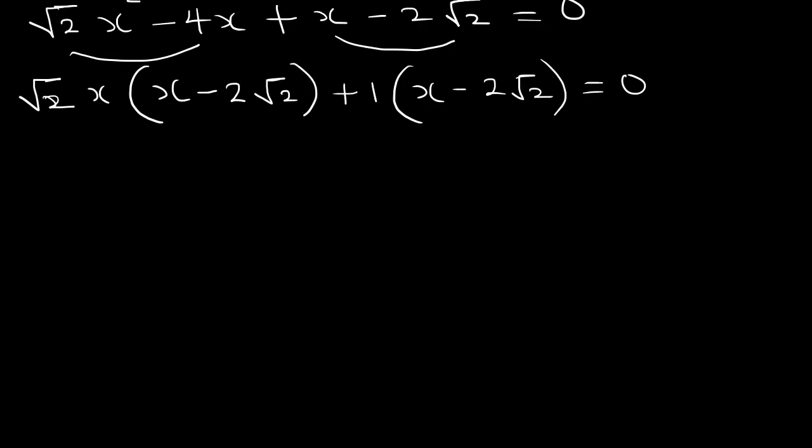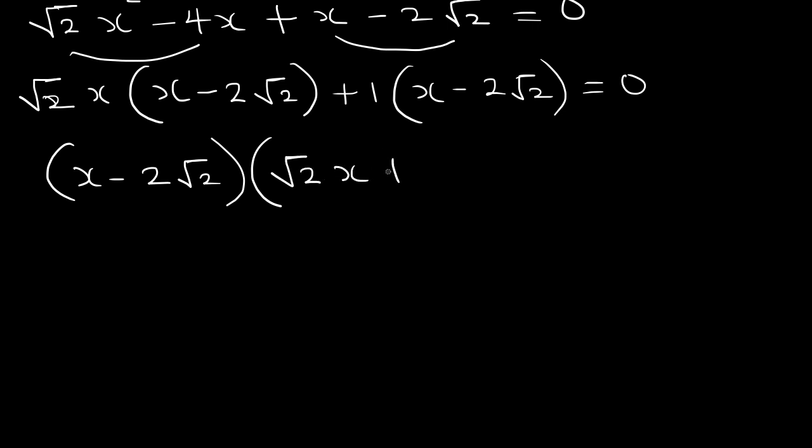As you can see, the two brackets are the same. That means we are in order. So we'll take one of the brackets, x minus 2 root 2, and we'll create another bracket using the leftovers. In this case, we have root 2x plus 1, and it's equal to 0.